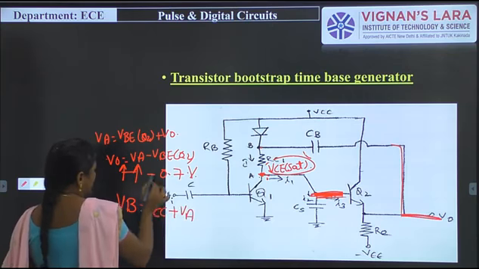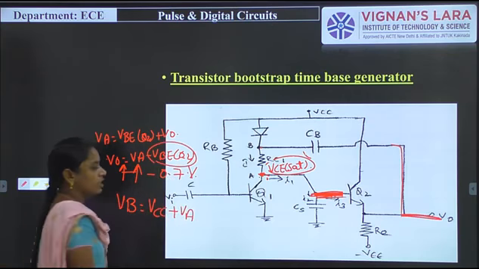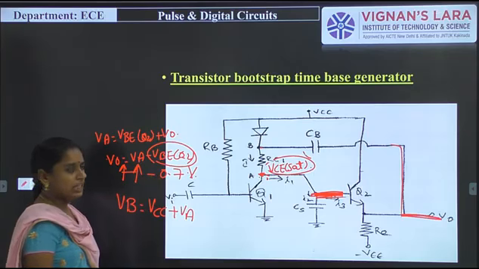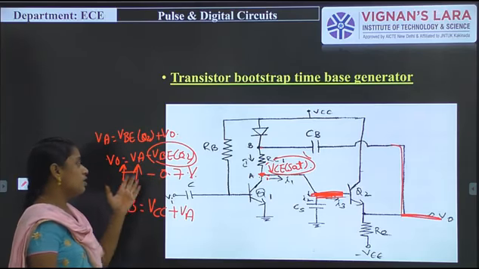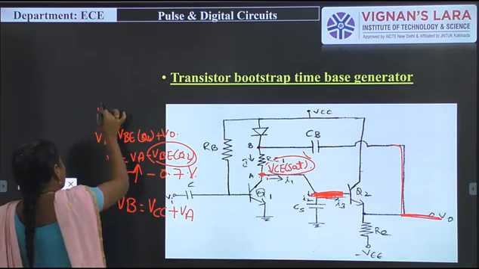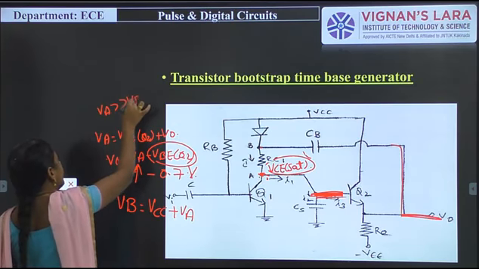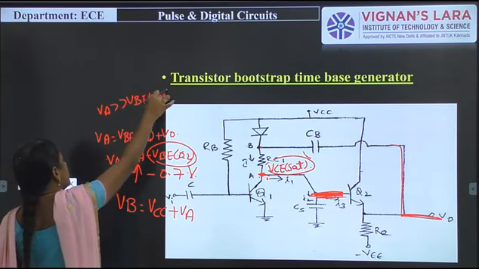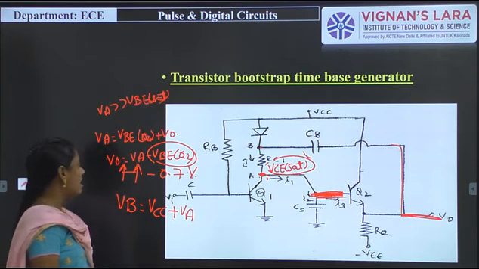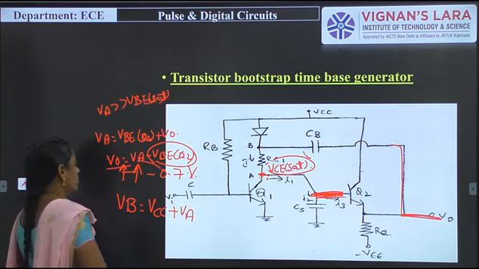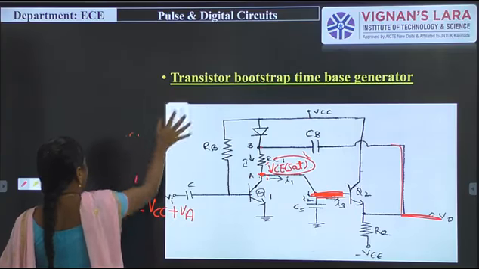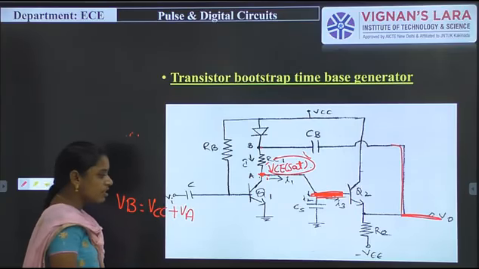Why? Because VB saturation is a minimum voltage, so we have to neglect it. When VA is far greater than VB sat, in that condition I neglect VB sat. That's why V0 is equal to VA, and that's why VB is equal to VCC plus VA.